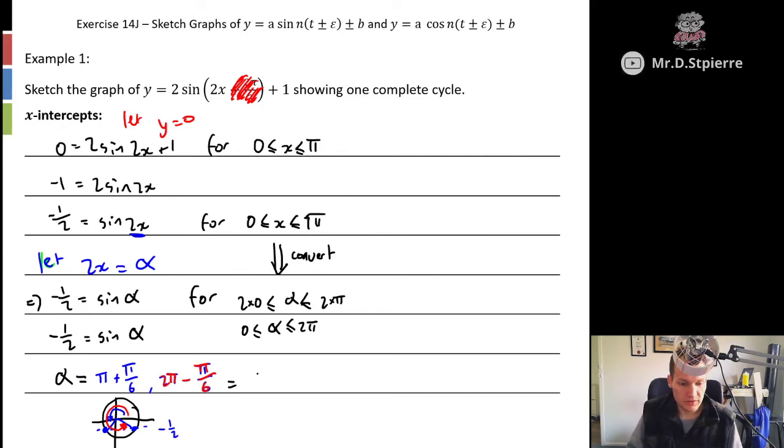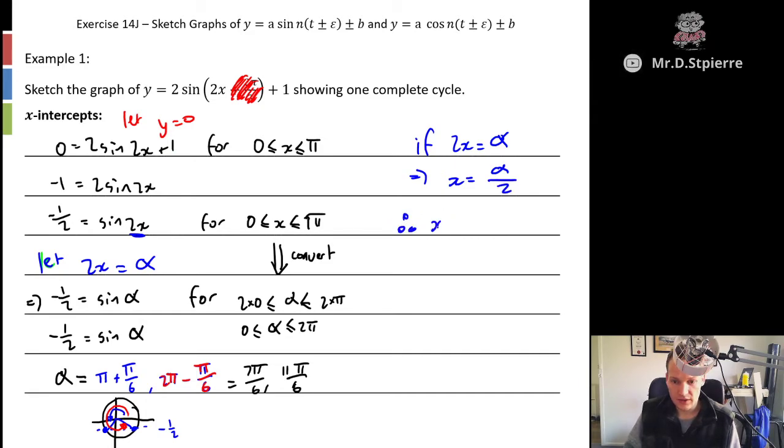Which, when we simplify, that's 7 pi on 6 and 11 pi on 6. Okay. That's our alpha, but we need to convert it back. We need to solve for x. So if 2x equals alpha, then x is equal to alpha on 2.